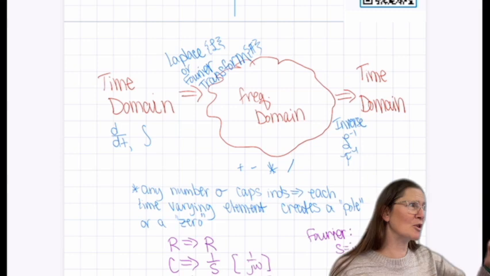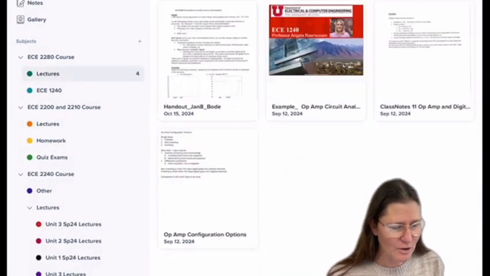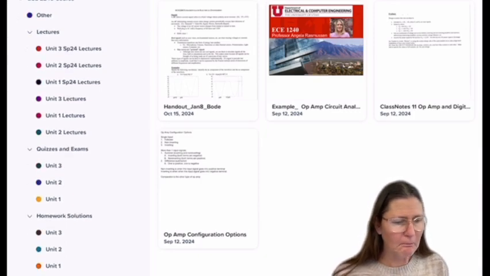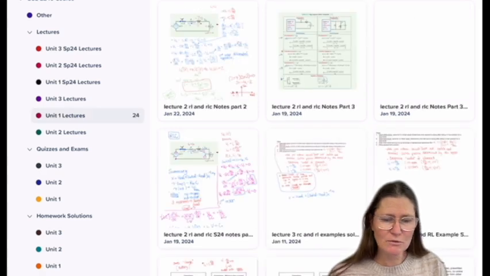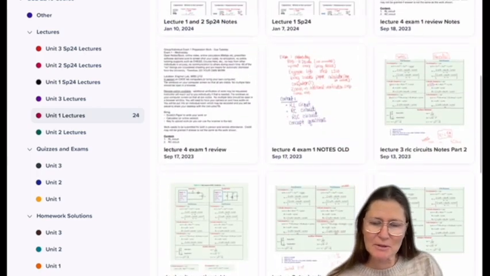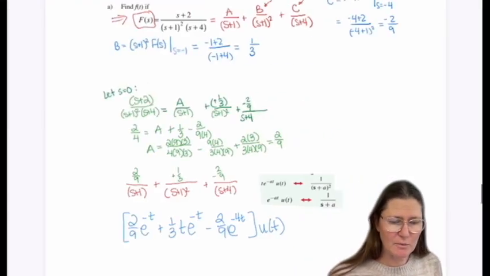I mean, there's a table you can look up, and I can show you really quickly. I don't remember which lecture I did this in. Oh, here's some of them.